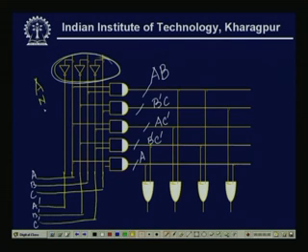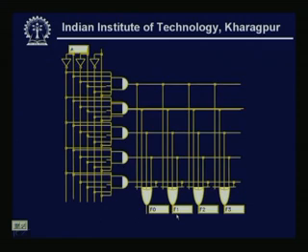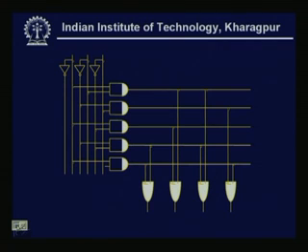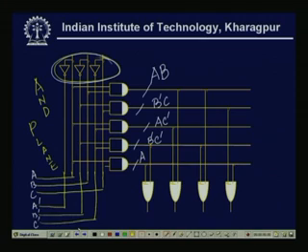This AND plane is generating these 5 distinct product terms that we actually need to evaluate my output expressions W, X, Y, Z. Now, we remember that W was A plus B dash C dash. Similarly, X is AC dash plus AB.